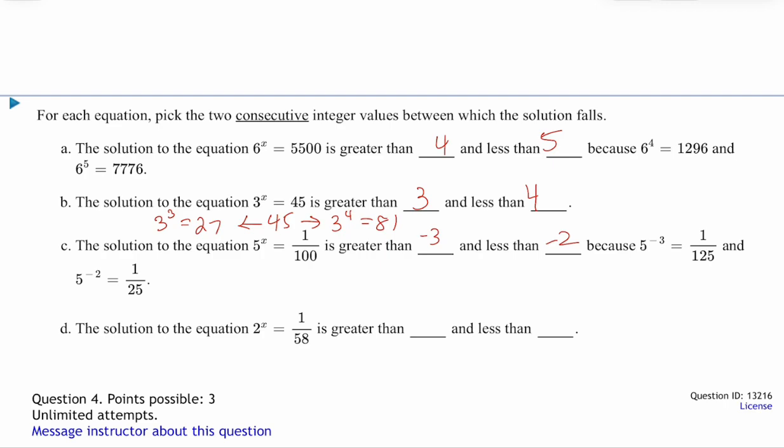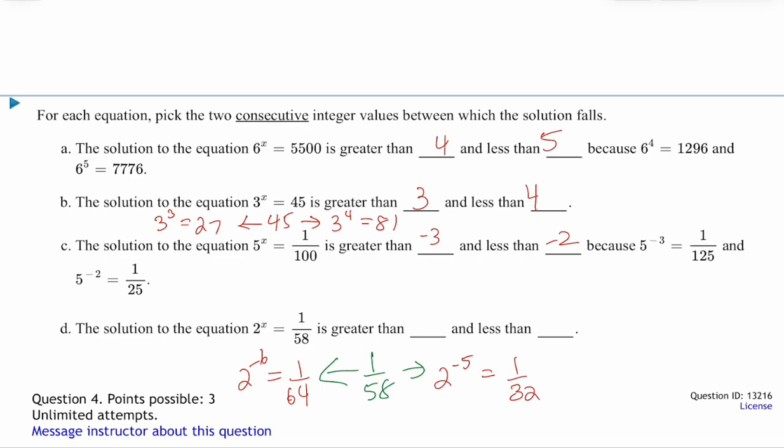Now, D, we got to do a little bit of math here. So I think about if I go to the -5th power, that's 1/32. I'm kind of going the opposite way. If I go 2 to the -6th, that's 1/64. The fraction 1/58 is between these two.